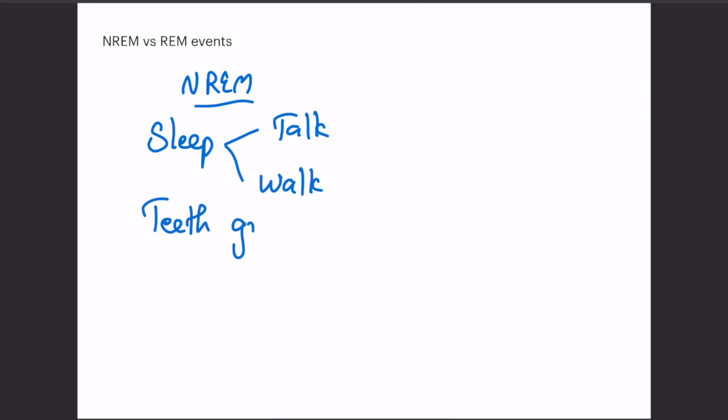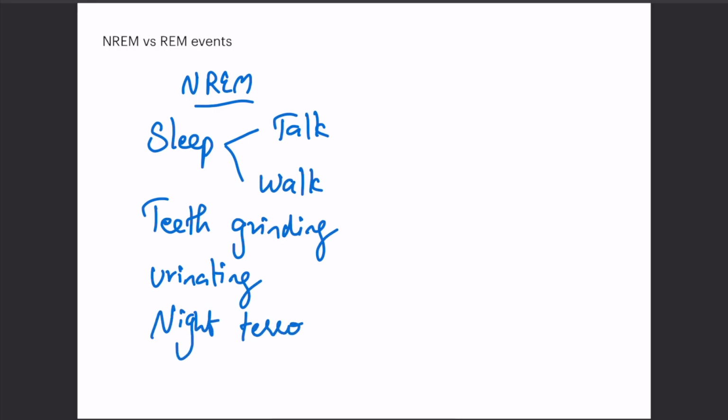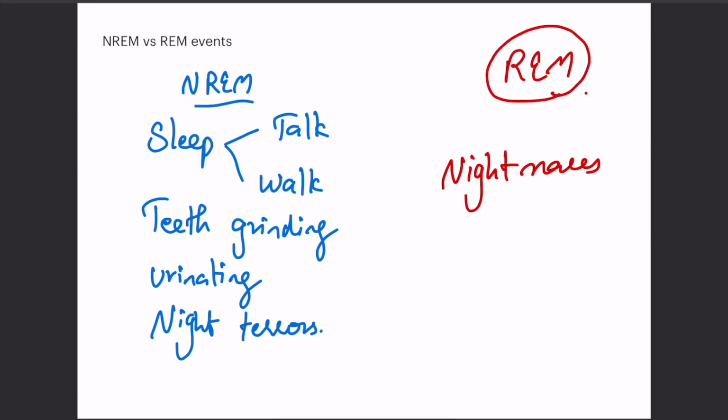You would have seen your friends do that. And then urinating during sleep, and then having night terrors, except nightmares. Nightmares happen in REM sleep. All these are NREM, non-REM nightmares.